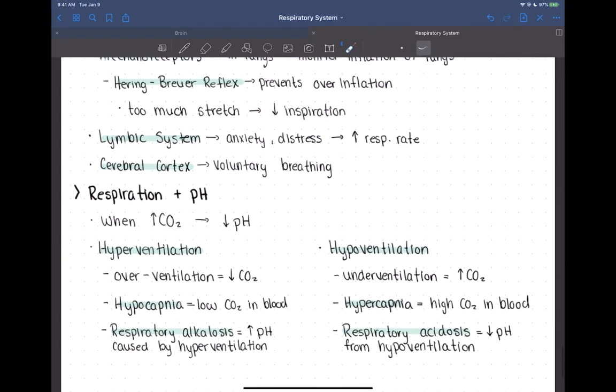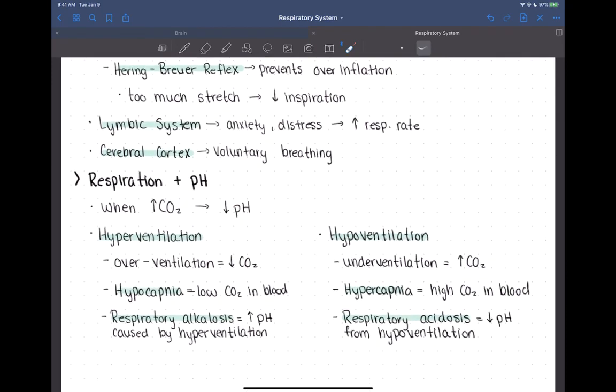We all probably know by now that breathing is closely associated with the limbic system, the emotional center of the brain. If you're anxious or in distress, you'll start breathing really fast. If you're having an anxiety attack, you may start hyperventilating. So anxiety and distress can increase respiratory rate.